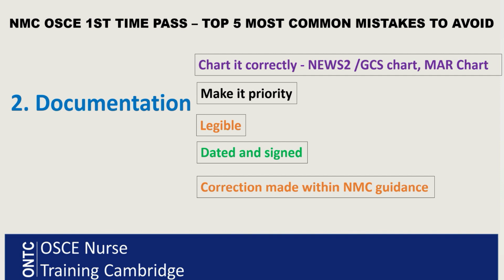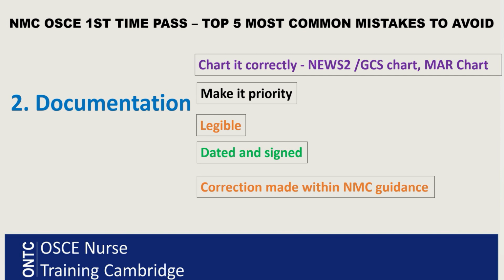Again, lots of people fail on documenting in the MAR chart. So I've just put documentation in one place, but these are the most common documents failed in the exam: your vitals charting, both the NEWS 2 chart or GCS chart, or your MAR chart. They constantly keep coming up because people are not completing them correctly.